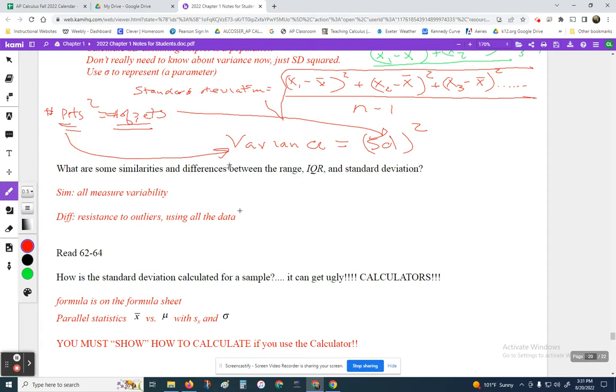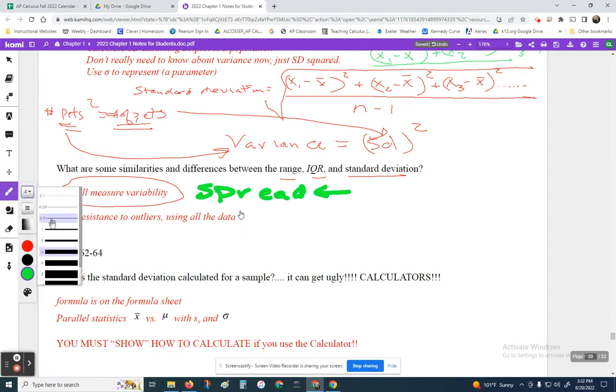So range, IQR, standard deviation. If we're talking about similarities, they all measure the variability. Or if we're dealing with our SOX acronym, make this a little bit bigger, we are dealing with spread. So they all measure spread, every one of them.